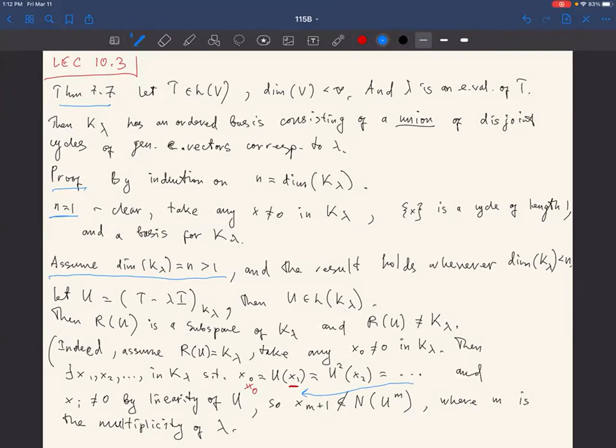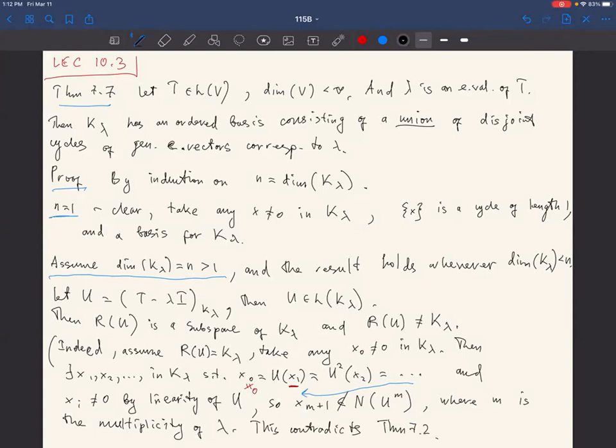Okay, so it's not in the null space, but this is a contradiction to a theorem we proved. This contradicts theorem 7.2. Remember, this was the theorem which says that for any generalized eigenvector, the power p such that (T minus lambda I) to the power p applied to it is 0 is bounded by the multiplicity of the eigenvalue.